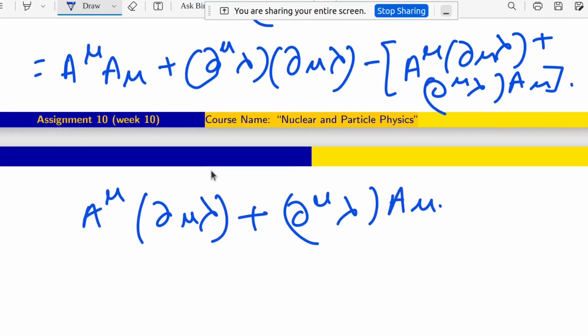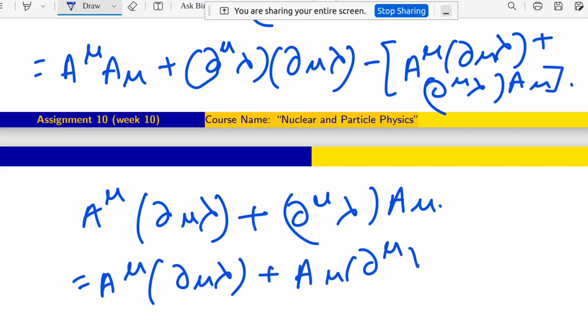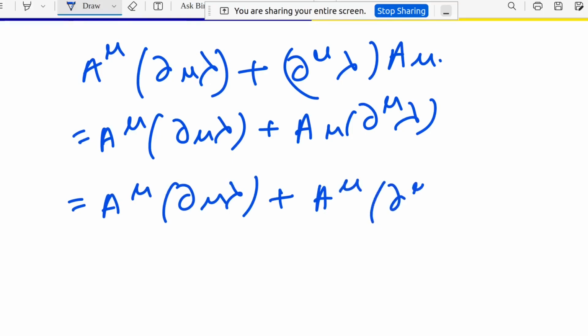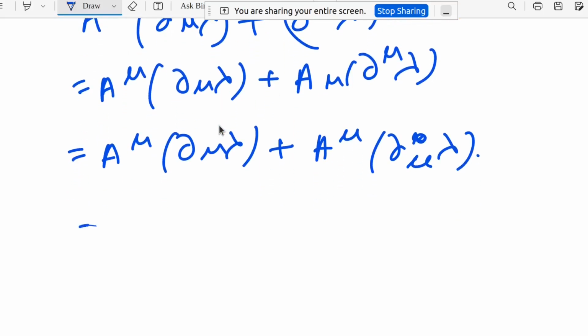So I can definitely write A mu del mu lambda plus A mu del mu lambda, because it is just a multiplication. In general we can't write like that, but as it is, we can write interchangeably A mu del mu also. Then it will come out as 2 into A mu del mu lambda.